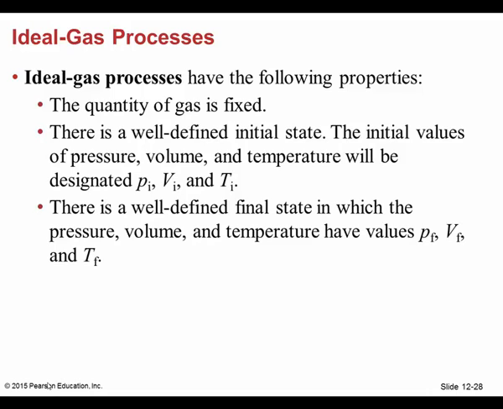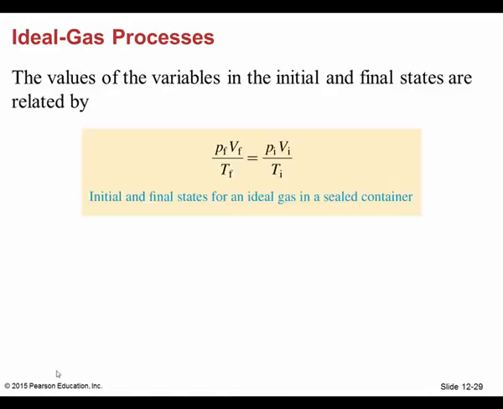Now, let's go ahead and look at the ideal gas process. How do we define an ideal gas? Well, you've got to have a fixed quantity. You've got to have a well-defined initial state: initial pressure, temperature, and volume. And then there's a well-defined final state of final pressure, temperature, and volume. Hence, we can write the ideal gas process this way. We also call this the combined gas law.